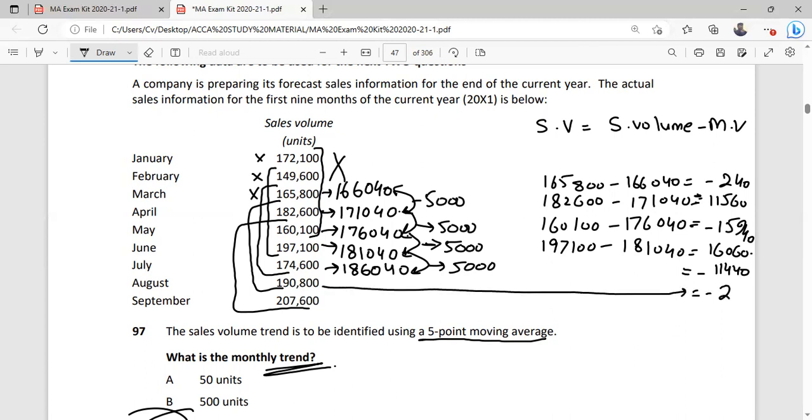First will be minus 240. Second is September. Then we have October. Then we have November. And the fifth month is December, which means the fifth answer will be minus 11,440.